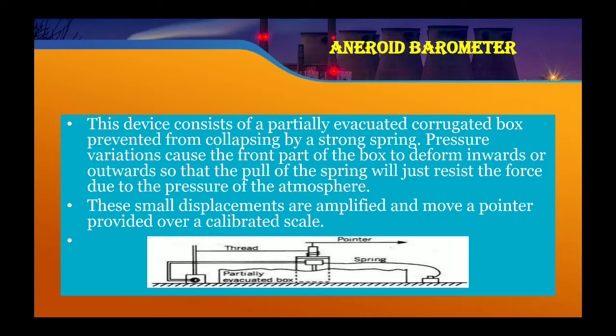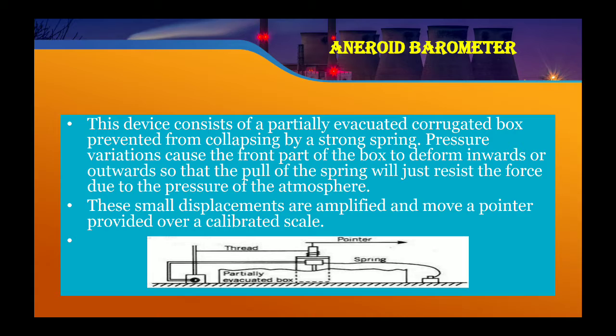Pressure variation causes the front part of the box to deform inward or outward, so that the pull of the spring will just resist the force due to the pressure of the atmosphere. These small displacements are amplified and move a pointer provided over a calibrated scale.